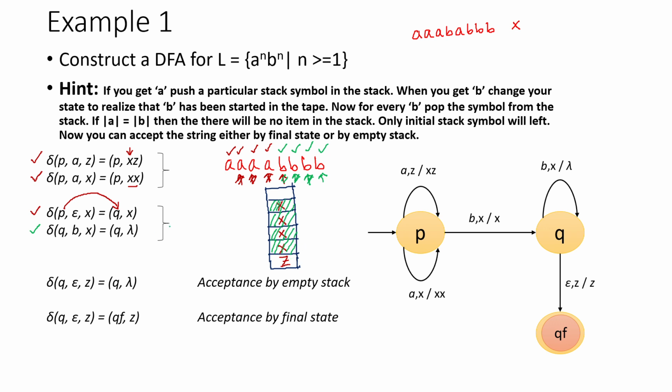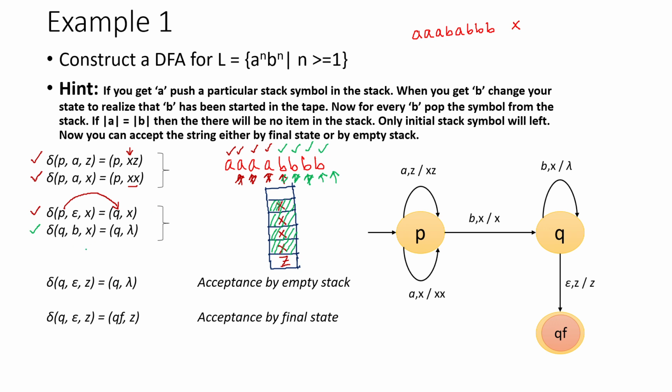So now you are here, which is the end of the string, and there is nothing left to read. Now somehow you have to accept this string because it is correct. We have already seen that there are two ways to accept it, right?